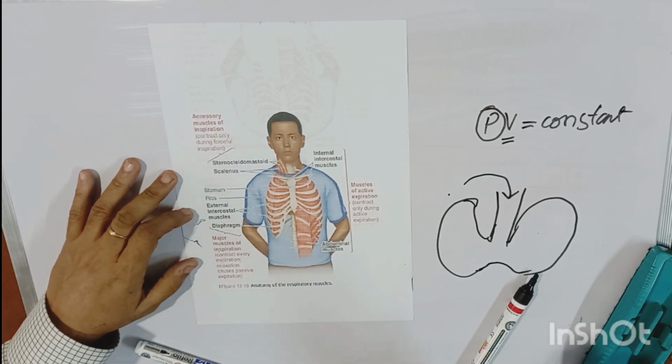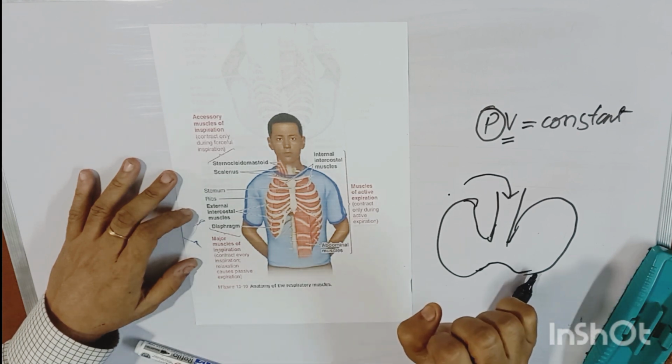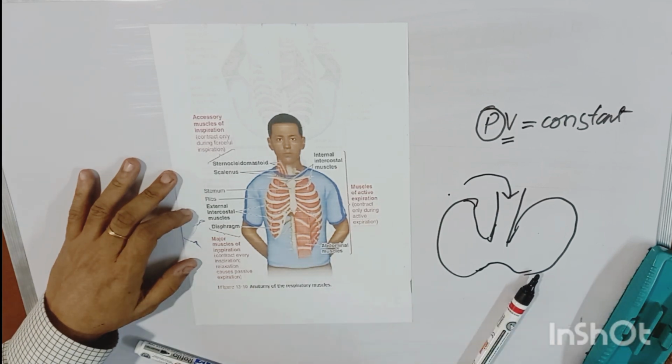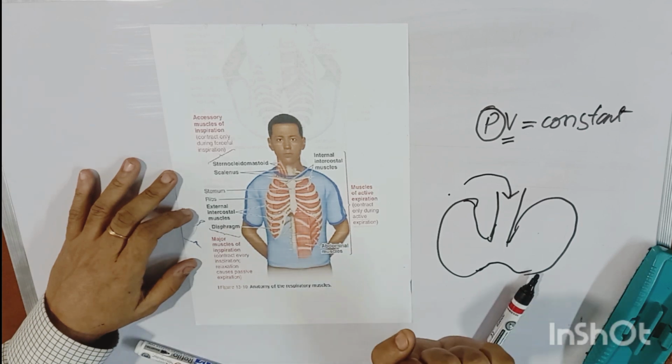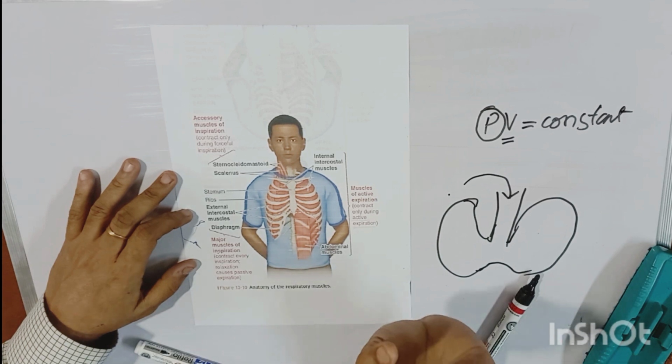So if these internal intercostal muscles now contract, it will forcefully make the thoracic cage come down. It will forcefully lower the upper ribs to come to the position of the lower ribs.